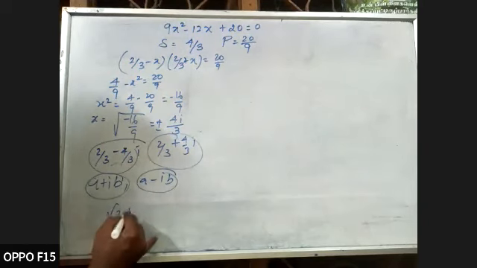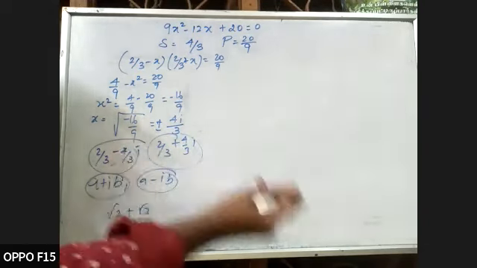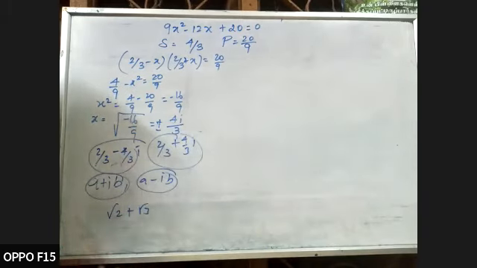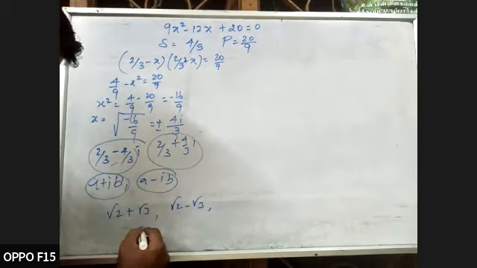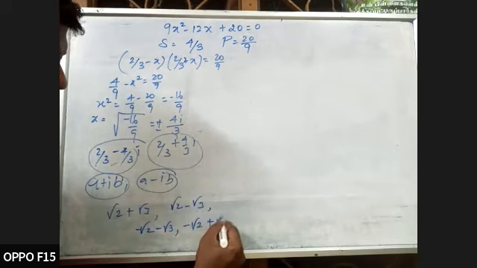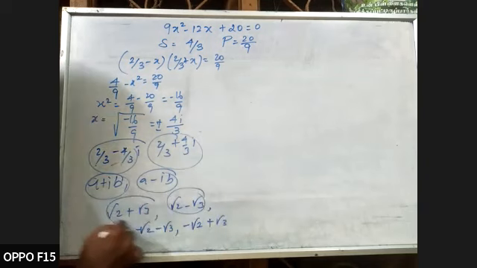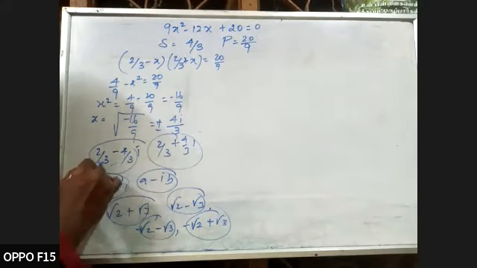If it is given that root 2 plus root 3 is a root, then we can say root 2 minus root 3 is a root, minus root 2 minus root 3 is a root, minus root 2 plus root 3 is a root. Four roots, for rational coefficients. Understood? For complex, conjugates will be there.